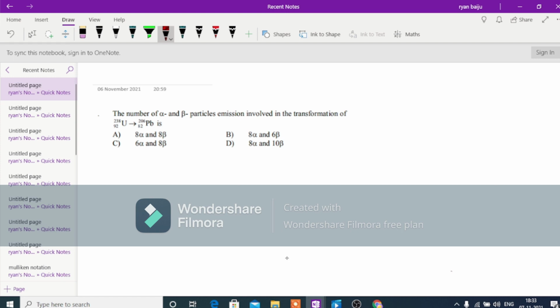Here decay series I have given here. That series I am going to write here. Uranium 238 giving lead 206. Here X number of alpha particles are emitted and Y number of beta particles are emitted.